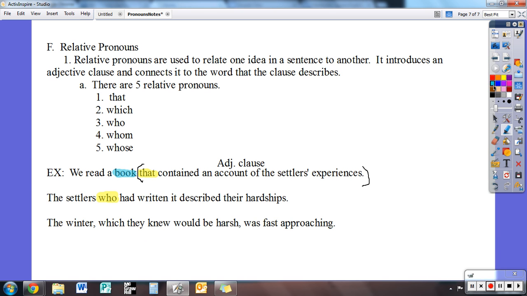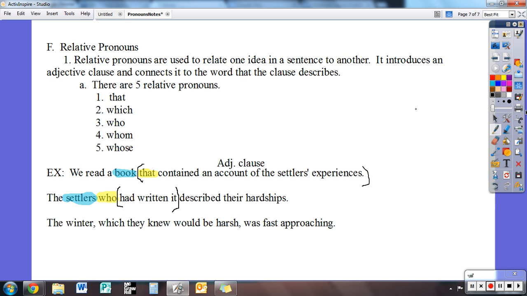So I'm going to go with settlers because the other one's not a noun. So we're describing the settlers who had written it. So I'm going to put parentheses around the adjective clause. Is that describing settlers? It sure is.